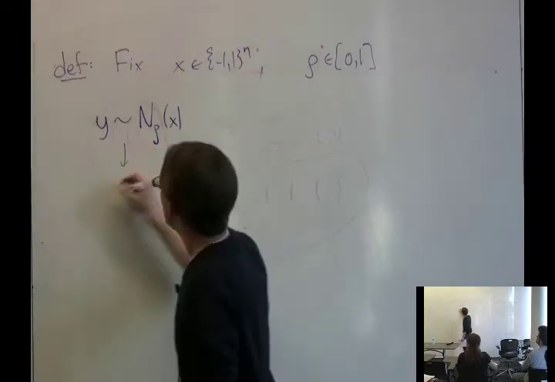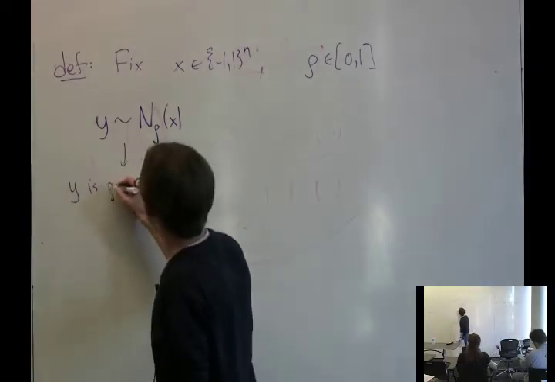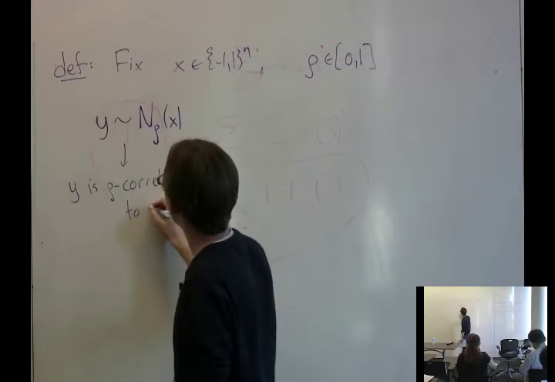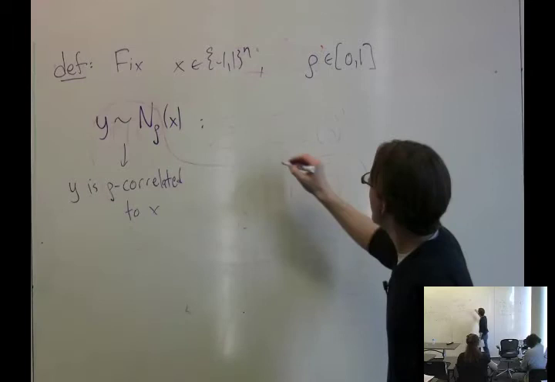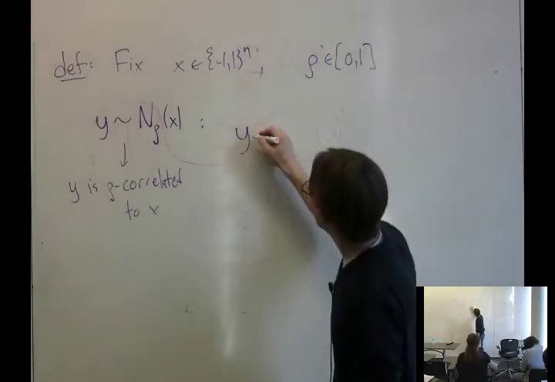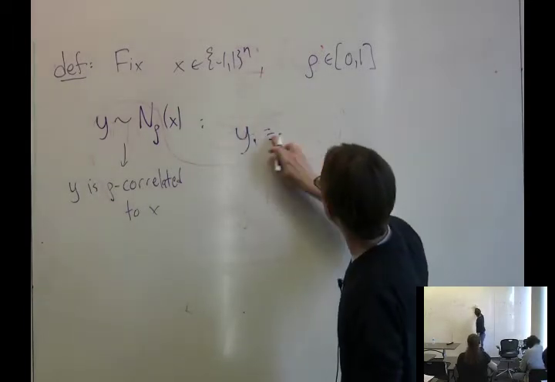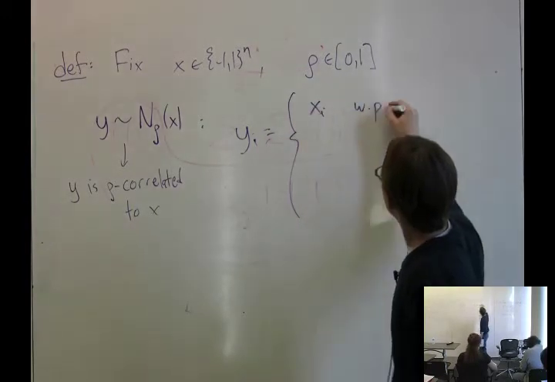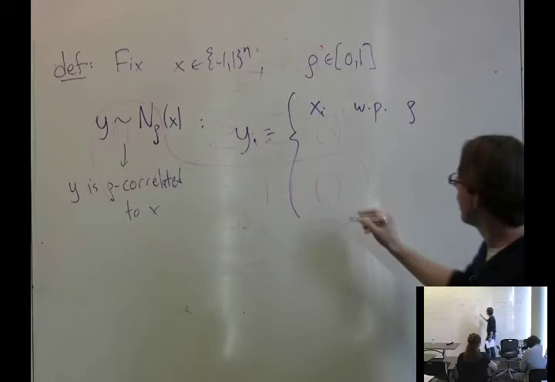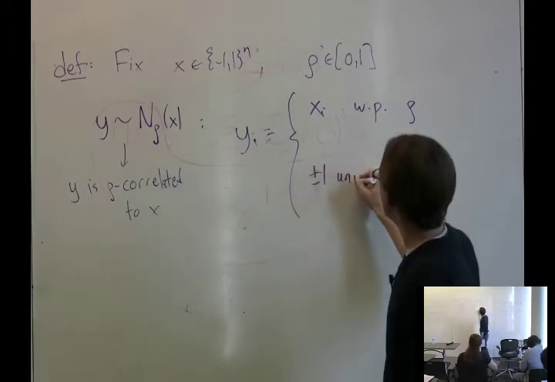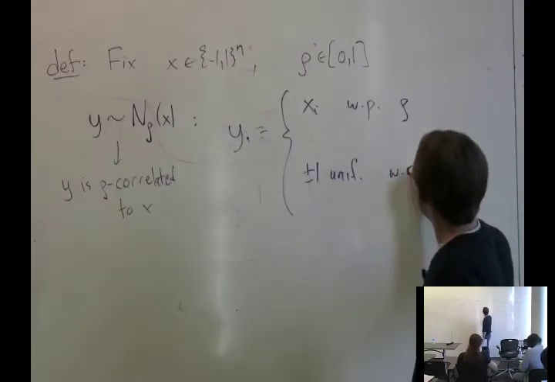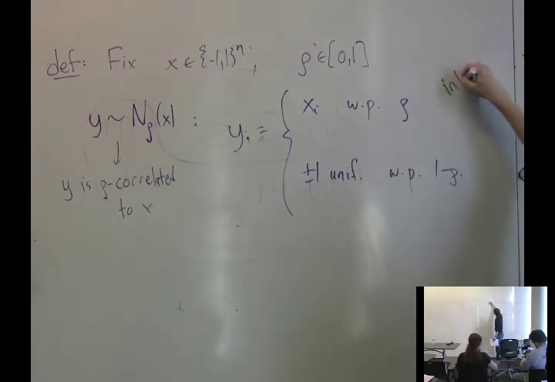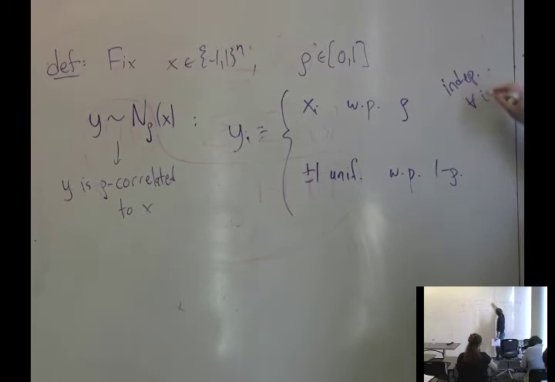And we say that y is rho-correlated to x. It just means that for each coordinate i, y_i is set to be x_i with probability rho, and plus or minus 1 uniformly with probability 1 minus rho. And this is independently for each i.